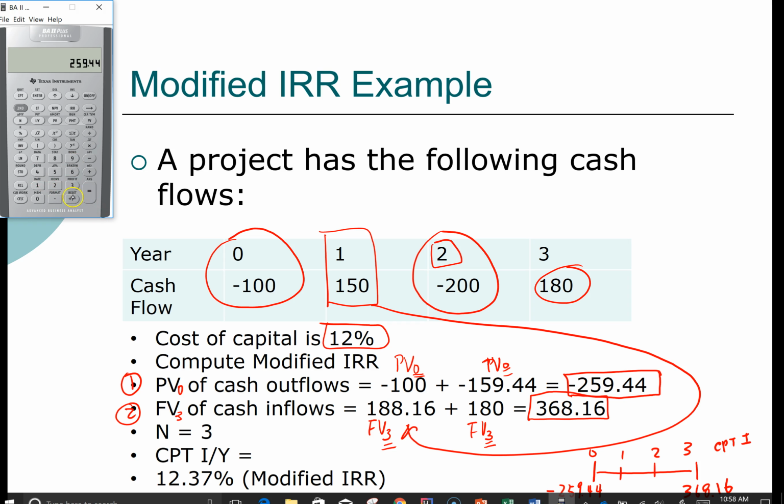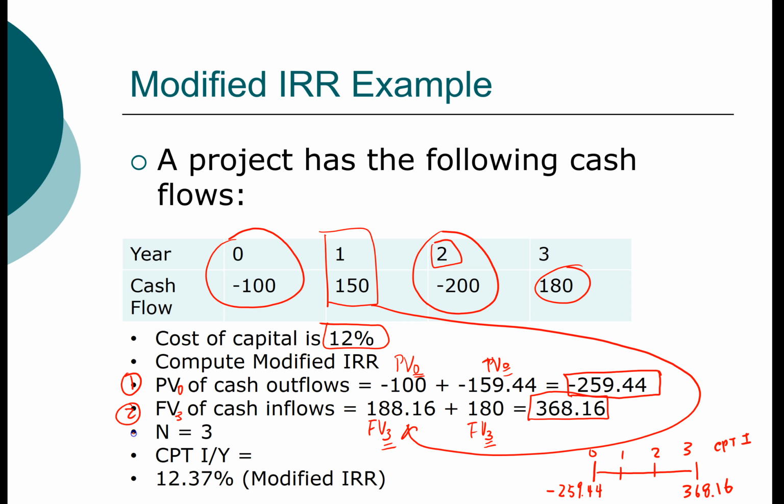That's our outflow, so we'll make that negative, and that's the present value. This project lasts for 3 years, and we are computing the interest rate. So the modified IRR, which is the interest rate we computed, is 12.37%. So that's the last step. So we have 3 steps to compute the modified IRR.